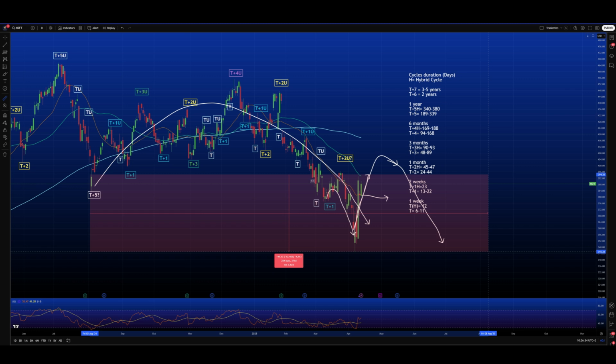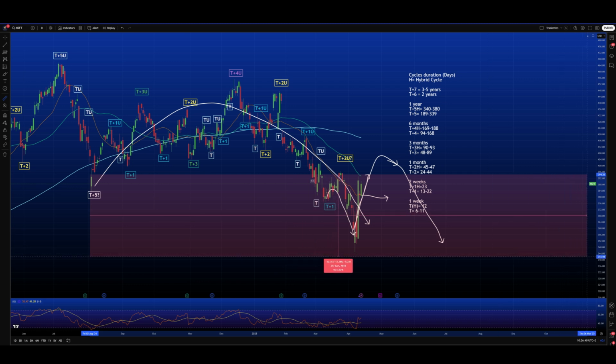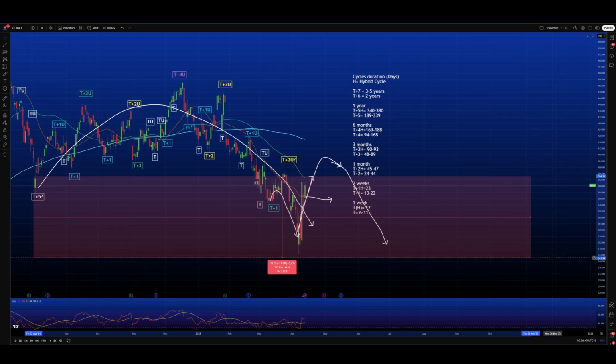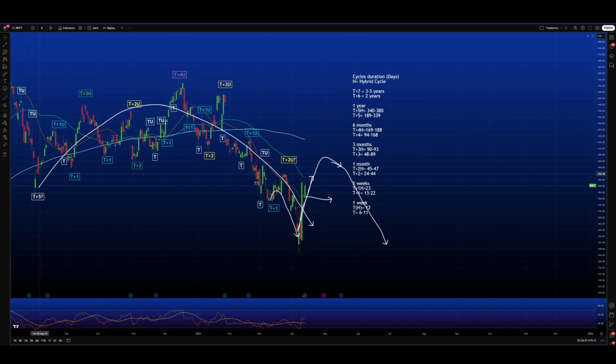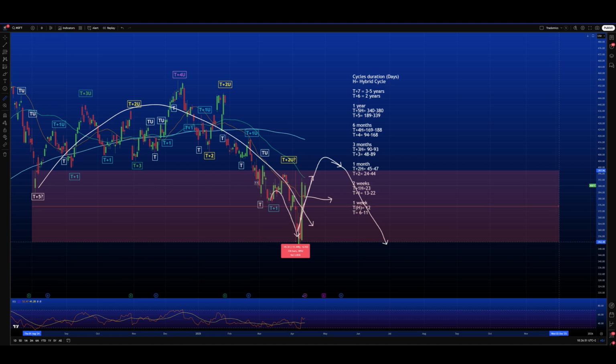So we can continue falling until 8th of August, but we can also continue falling until 339 days. And 339 days means that we can continue going down, or have a steady state situation with another push to the downside until reaching $344 and even lower until 8th of December 2025.